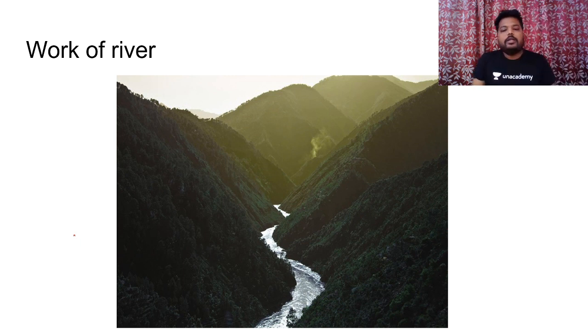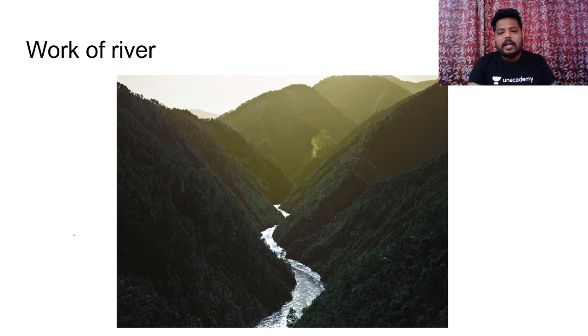Chalo. So what is a river? The stream which tends to flow down the slope is considered a river. Clear? So this river in its initial stages has a huge volume of water and huge velocity, as the river gets steep slopes.